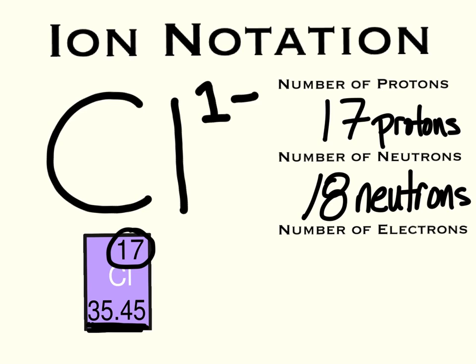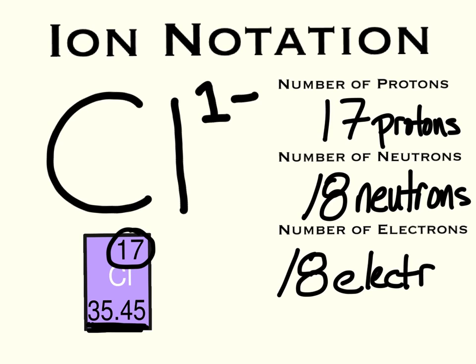Then with my electrons, remember, I have an ion now, so I'm going to have a different number of electrons than I do protons. Since I have a negative 1 charge, I need to have one more electron than I do protons. Otherwise, I don't have that negative 1 charge.